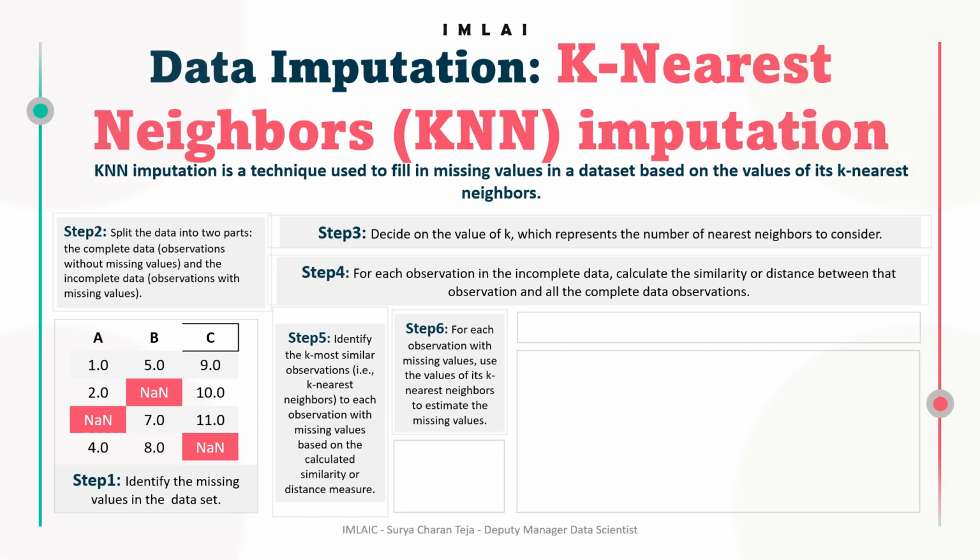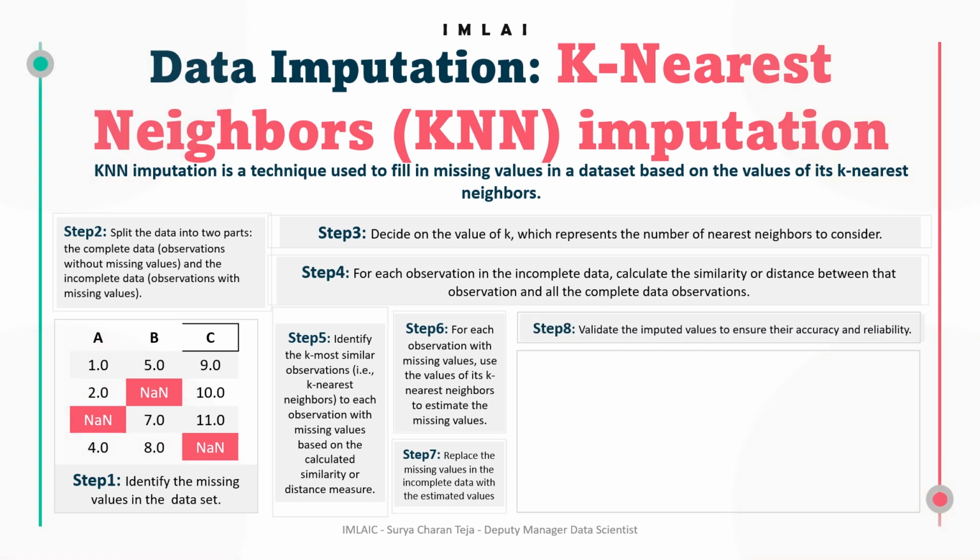The choice of estimation method depends on the type of data and the specific problem. Then replace the missing values in the incomplete data with the estimated values obtained from the K nearest neighbors. Then it's all done.